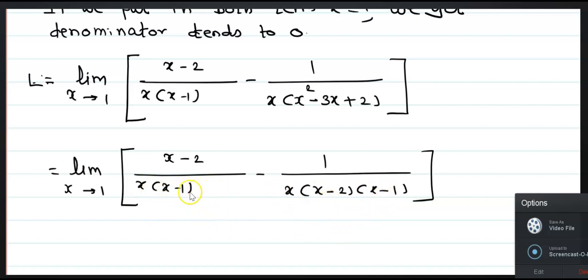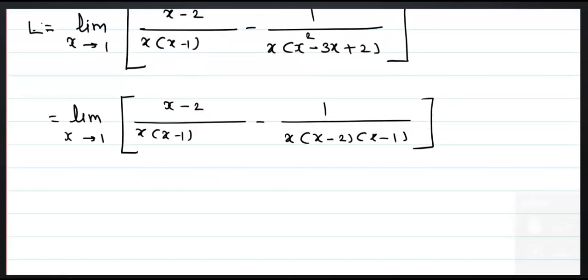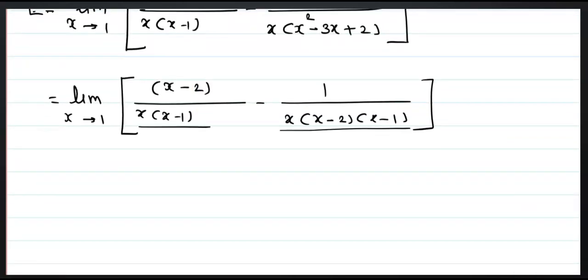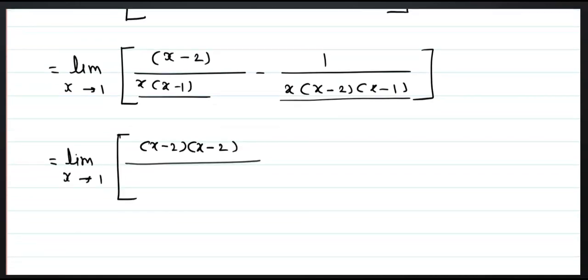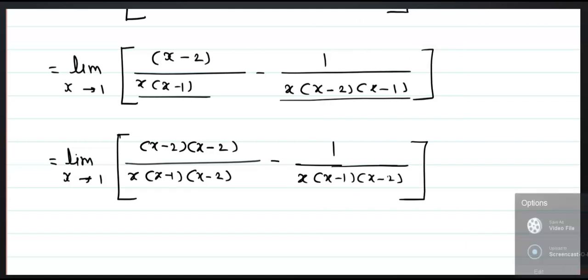Therefore we will make the denominators the same. Here we will multiply the numerator and the denominator by x minus 1. Now see this here. We are multiplying the numerator and the denominator by x minus 2.